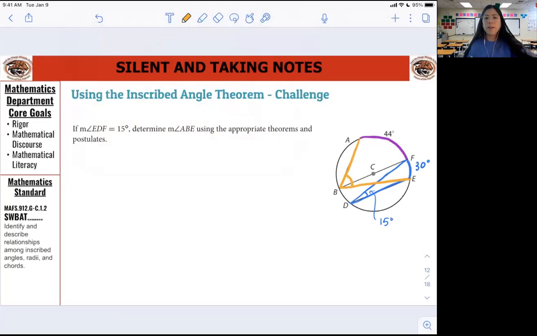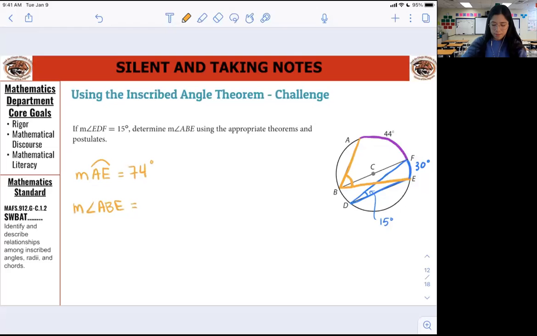Okay, 30 degrees. So now I'm looking for ABE. What's the total measurement of arc AE? Good, 74. Arc AE is 74, so what is ABE? I see Perla wrote 37.